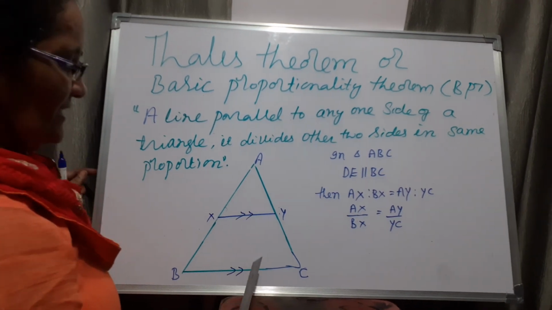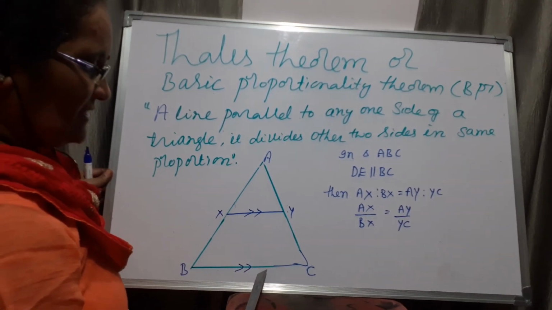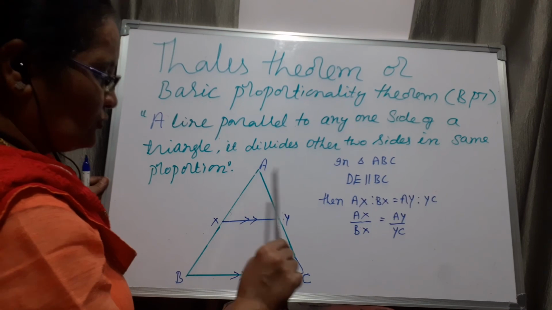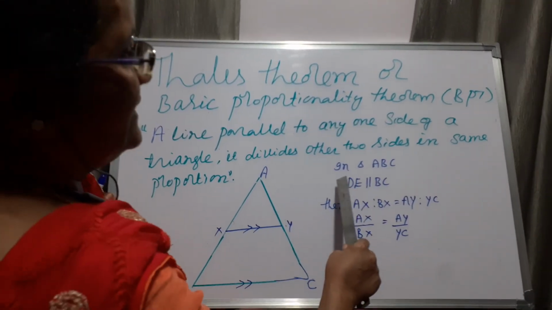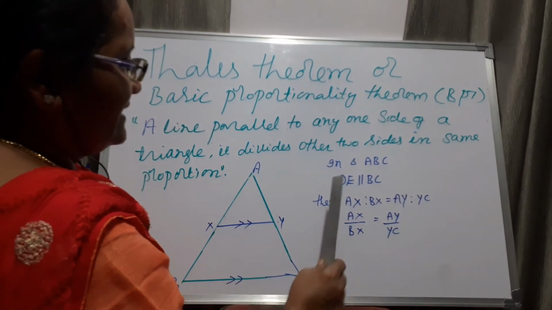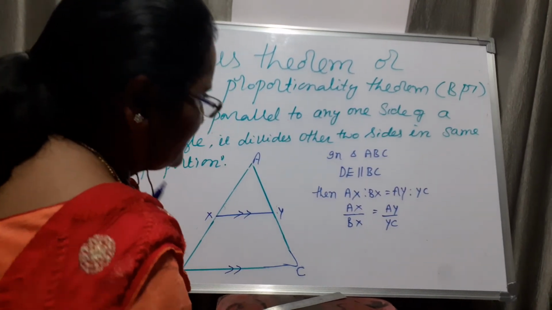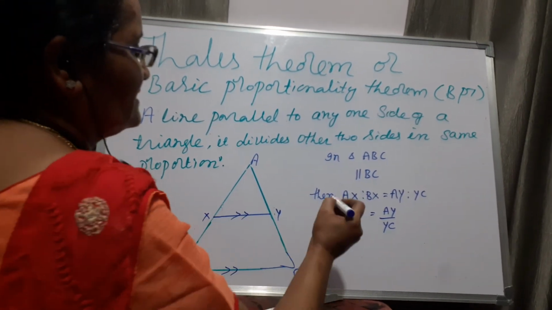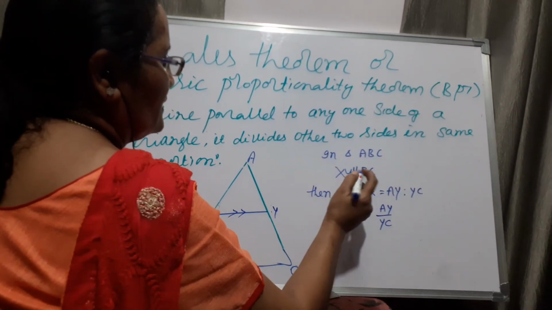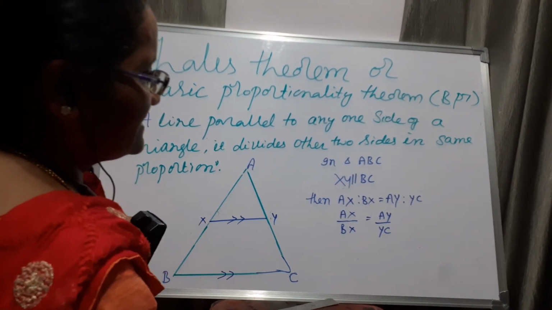XY is a straight line. It is parallel to any one side of a triangle. It divides the other two sides in the same proportion. I have written here: in triangle ABC, DE parallel to BC. No, it's not DE. I had taken DE first, now it is XY. XY parallel to BC.